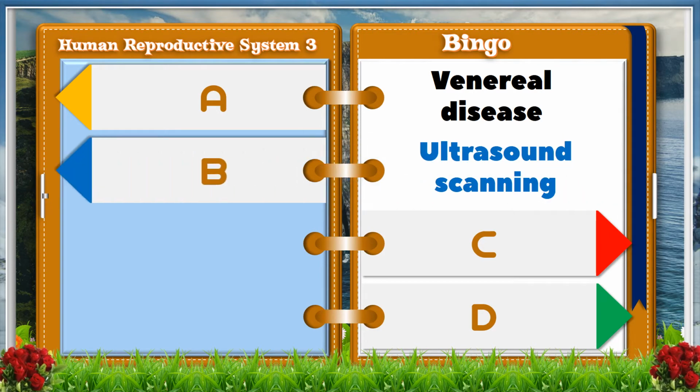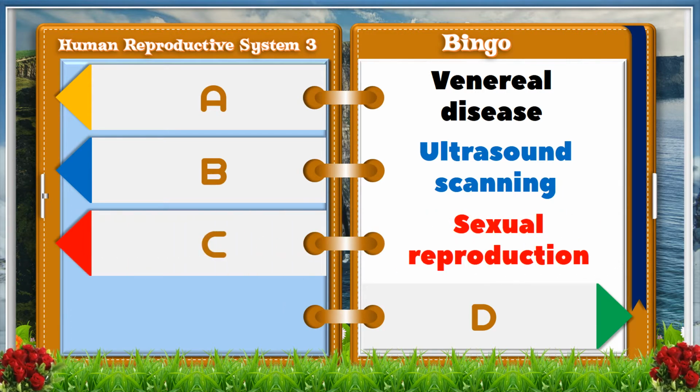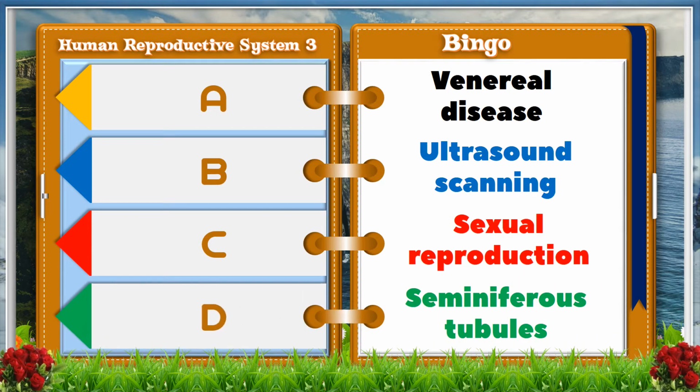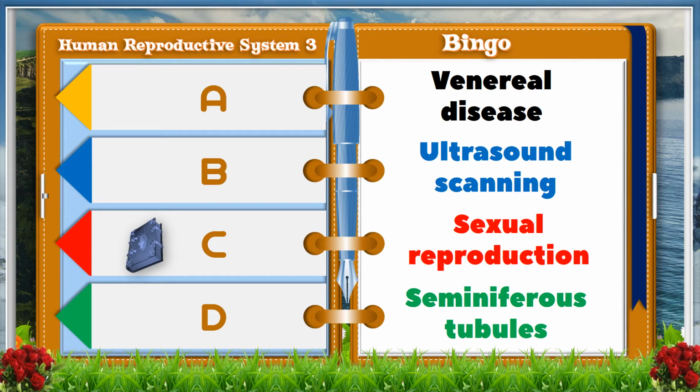B. Ultrasound scanning. C. Sexual reproduction. D. Seminiferous tubules. And the answer is C. Sexual reproduction.